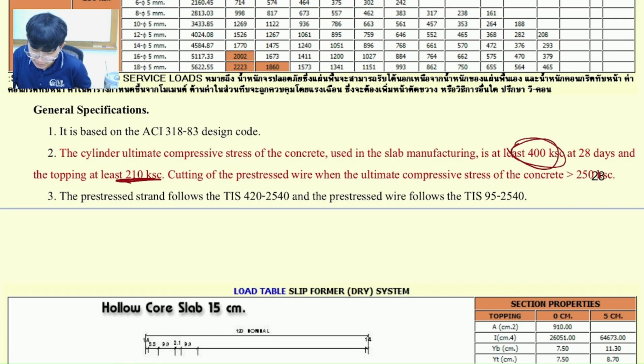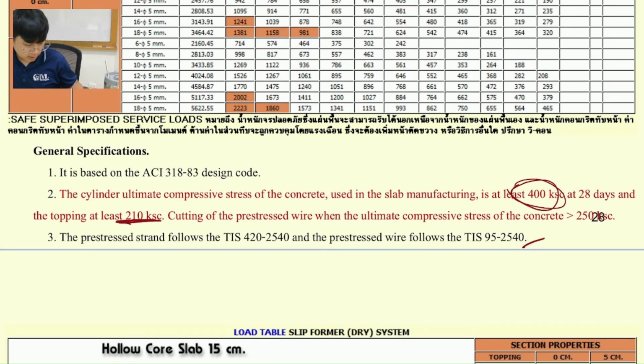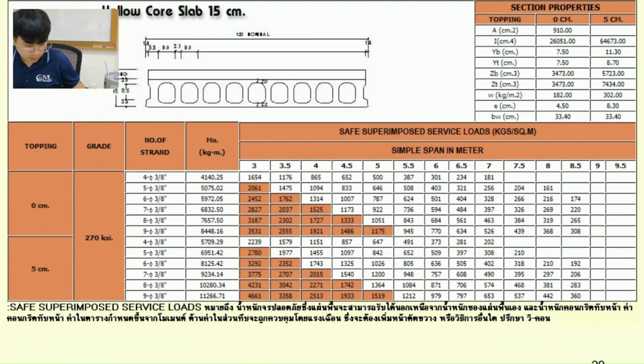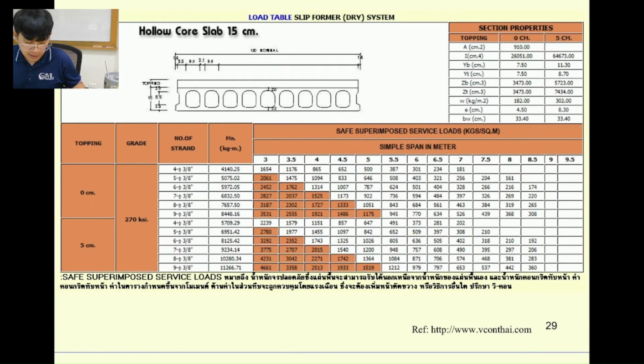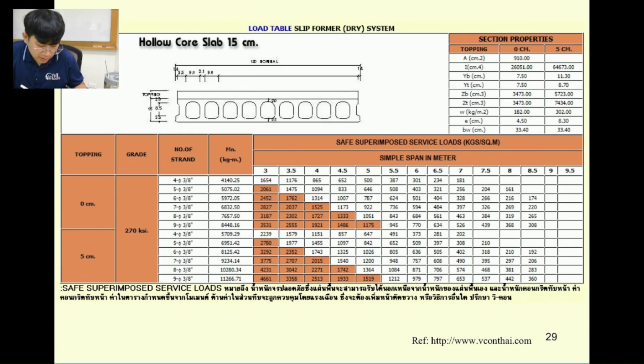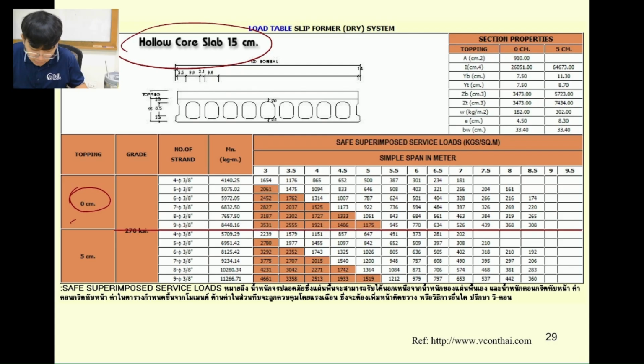We use the same TIS 95 for pre-stressed wire. Other than that, just select the correct one. For example, for the hollow core, sometimes we don't need topping, so you can just use zero topping to select the material. If you're not going to use topping, you choose the top table. But if you have topping of 5 centimeters, you choose the bottom table.